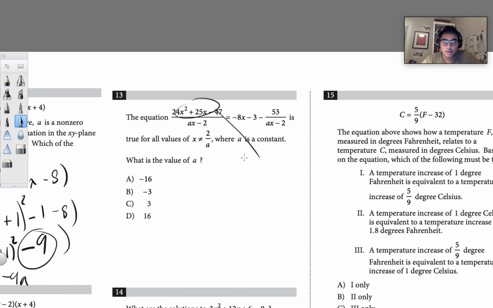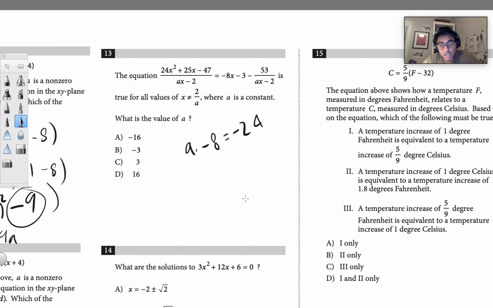The first thing you would divide is 24x squared. And if you look closely, 24x squared divided by ax would have to equal negative 8x. So that would mean a times negative 8 would have to equal negative 24, which means a has to equal negative 3.